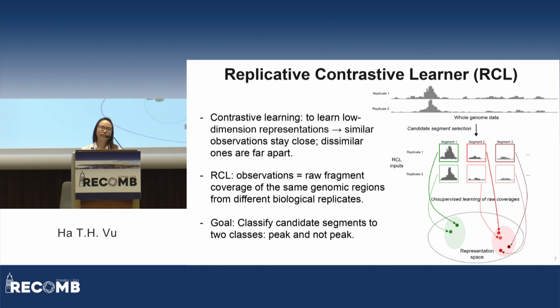For example, the signal-to-noise ratio, or how similar the peaks are across replicates, and whether the true state of the chromatin region is actually shared across replicates. And regarding the last factor, we made an assumption that the true state is shared across replicates in one specific segment as a candidate. So let's talk about candidate segment selection first.